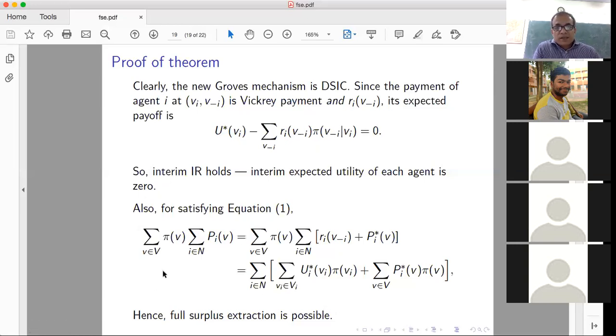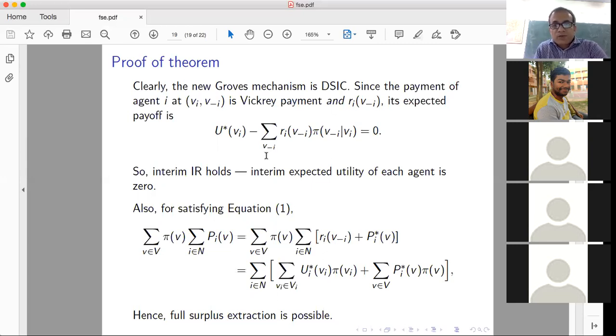So this is the expected payment from this new mechanism, but the payment in the new mechanism is just R_i(v_-i) plus P*_i(v), the Vickrey auction payment plus this participation fee.